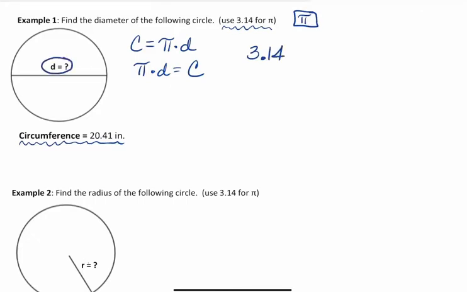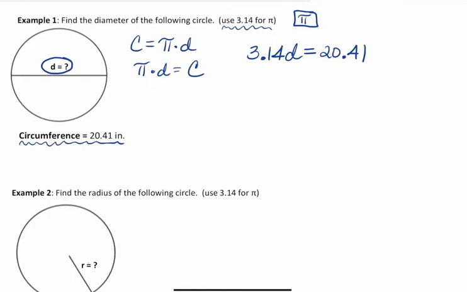In example 1, we don't know what the diameter is, so we'll just call that D. You can really use any letter, but I'm going to use D. Then we make that equal to the circumference, which is given for us: 20.41. So there's your equation. Pi times diameter equals circumference. So how do we solve this problem?